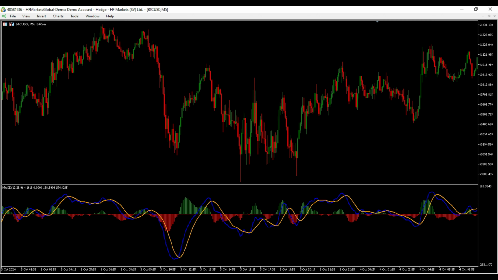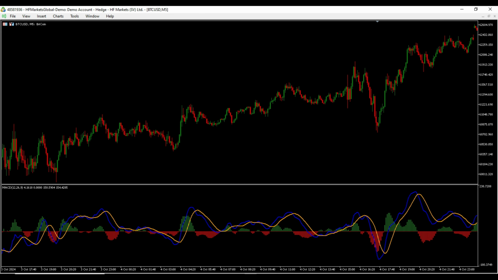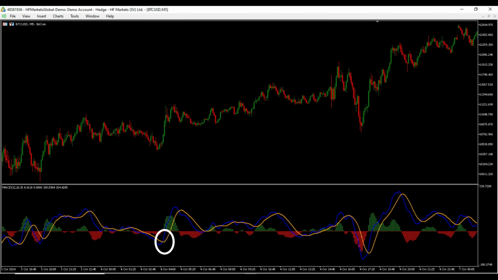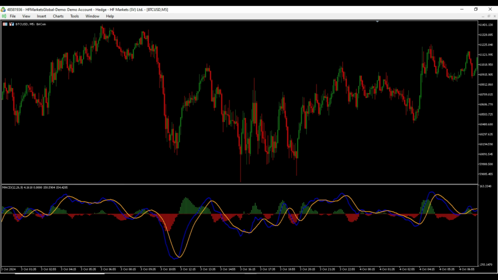A bullish signal happens when the MACD line crosses upward over the signal line, especially when it happens below the 0 line. This is your all clear to buy. For bearish trends, the MACD line crosses downward over the signal line, especially above the 0 line. That's your cue to sell or short.